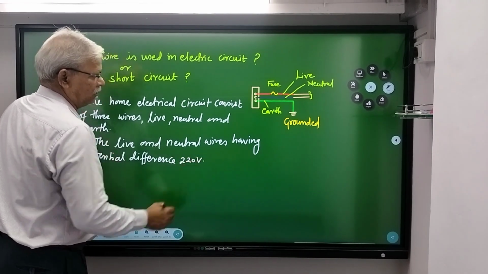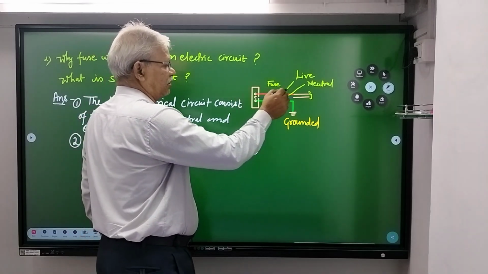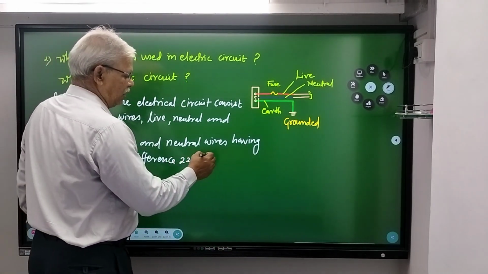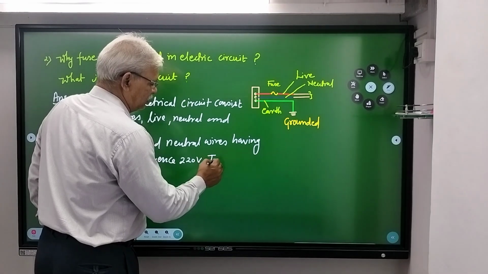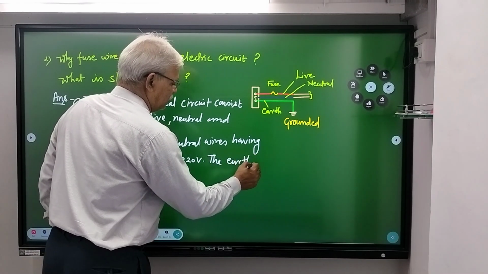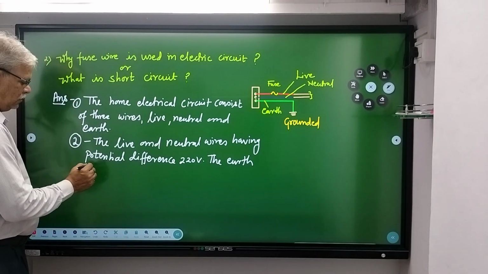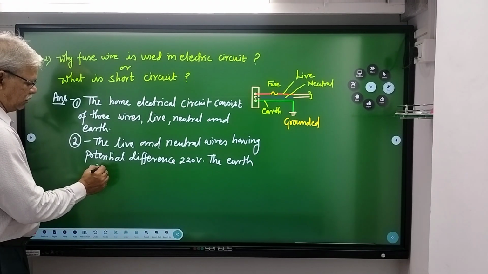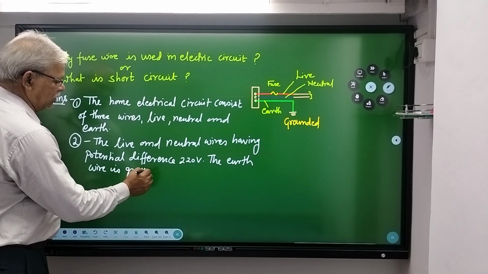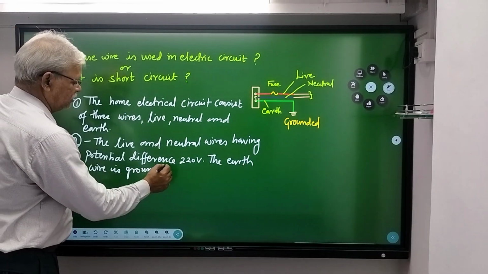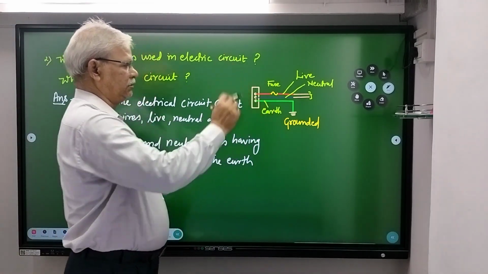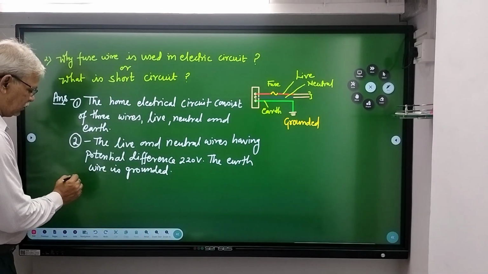The potential difference between these two wires is 220 volts, and the earth wire is grounded. Earth wire is grounded. Here the earth wire is grounded. Now the third point.